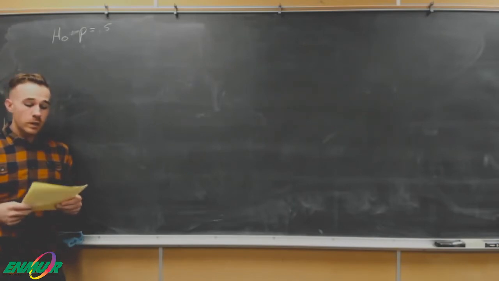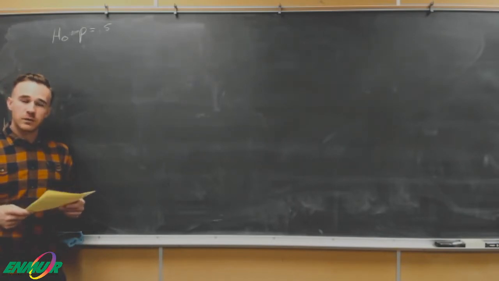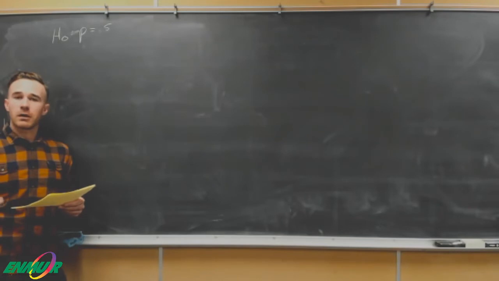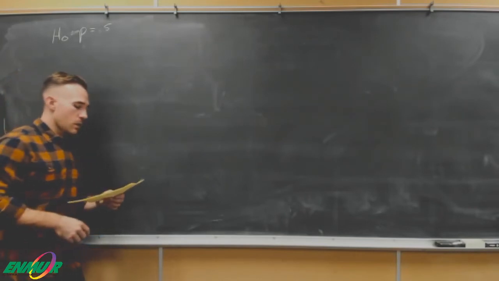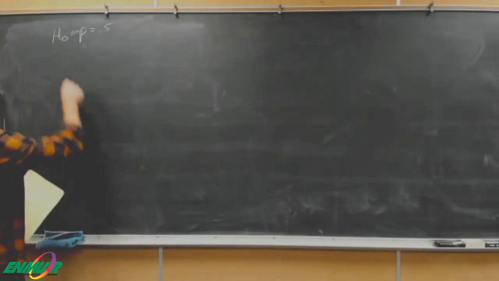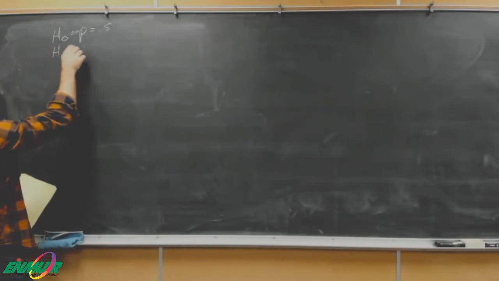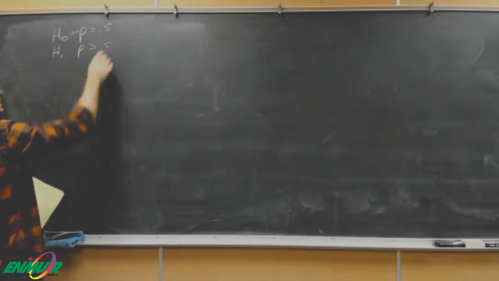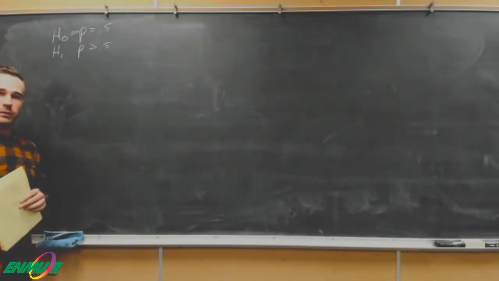Now, what we want to figure out is whether there are more than 50% of people that are uncomfortable with it. So our alternate hypothesis is that more than 50% of people are uncomfortable with it.